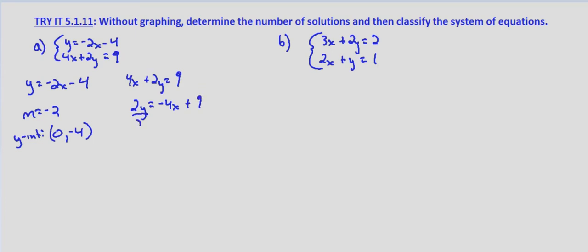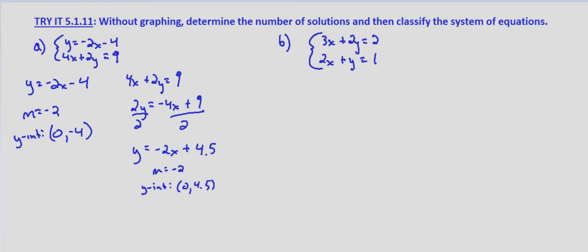Divide both sides by 2, and we have y equals negative 2x plus 4.5. So we have a slope of negative 2 and a y-intercept of (0, 4.5).